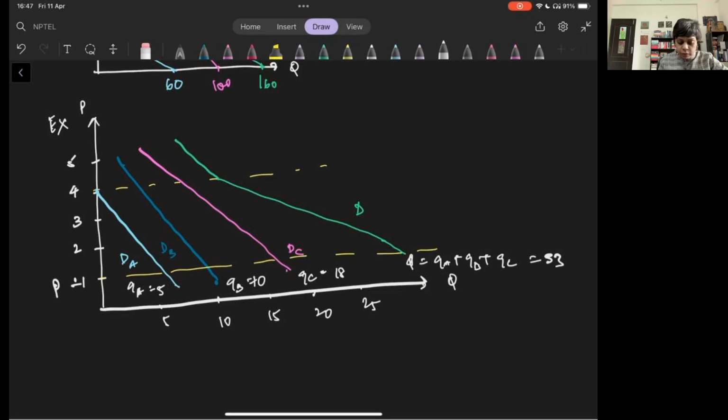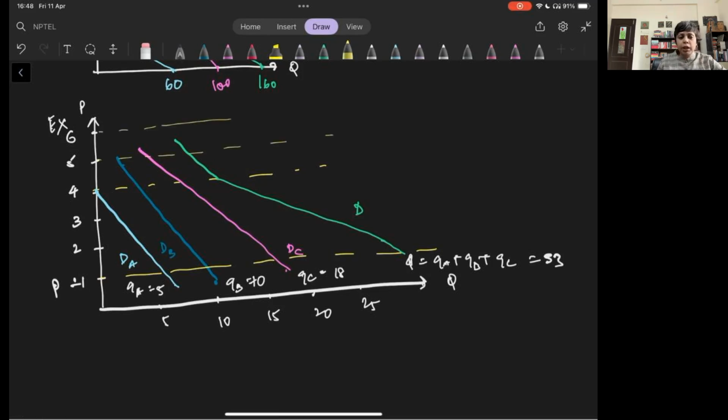Similarly, for each value of P, the demand curve is definitely going to be much further to the right, isn't it? And then there will be some segments where demand for the particular good at that particular price, say for P is equal to 5 or P is equal to say 6, the demand is 0 for some of the buyers, right?